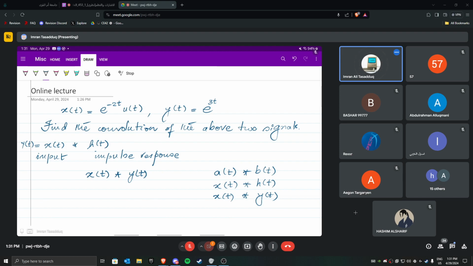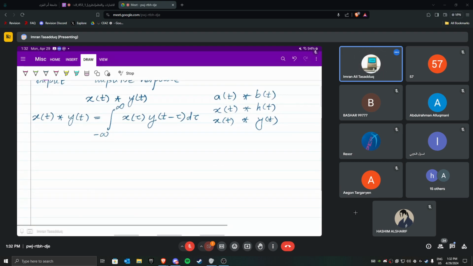All right, so now let's first write the formula. The convolution of x with y is given by the integral from minus infinity to plus infinity of x of tau into y of t minus tau. Remember, it used to be h of t minus tau, but since in place of h we have y, we say y of t minus tau.